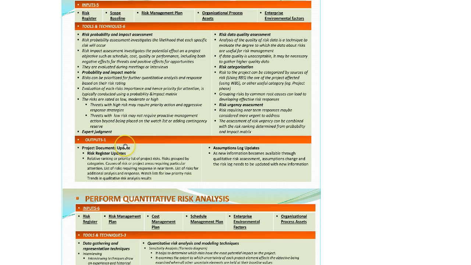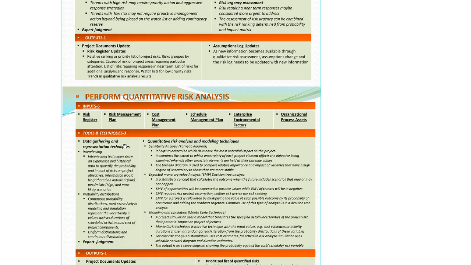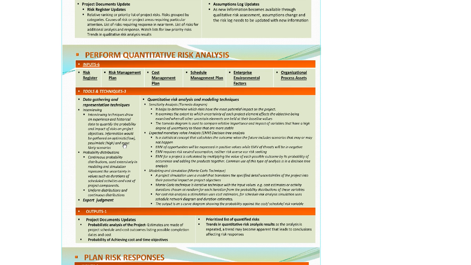On the other hand, when you go to perform quantitative risk analysis, you are giving it a quantity, as in how much of a risk it is. And again, you use different tools and techniques of performing qualitative and quantitative risk analysis. A really important chapter, and a knowledge area when it comes to the PMP exam.